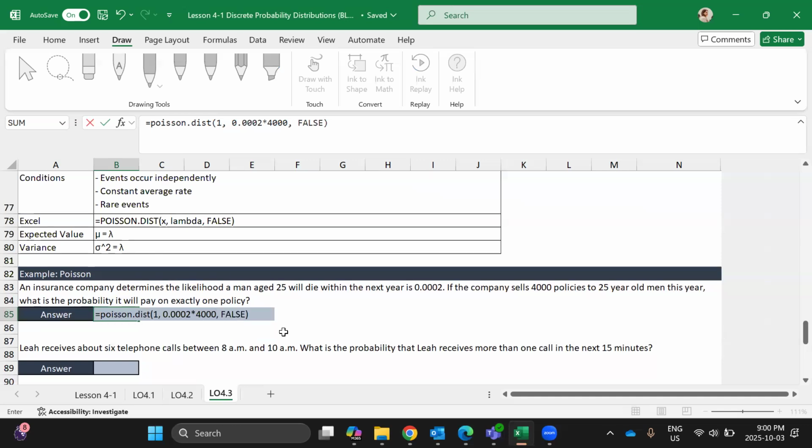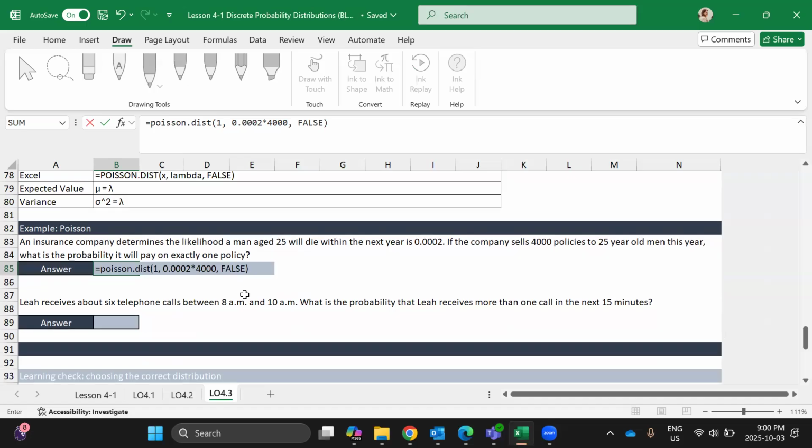And you always end with false, just like for the other questions. This will give you the probability that they'll have to pay exactly one policy. It's about 36%, so it's fairly high, which makes sense: with 4,000 25-year-old men, it is possible that one of them could die and they'll have to pay the life insurance. The chance is about 36%.